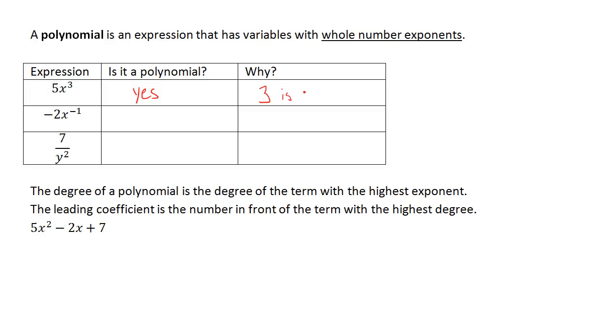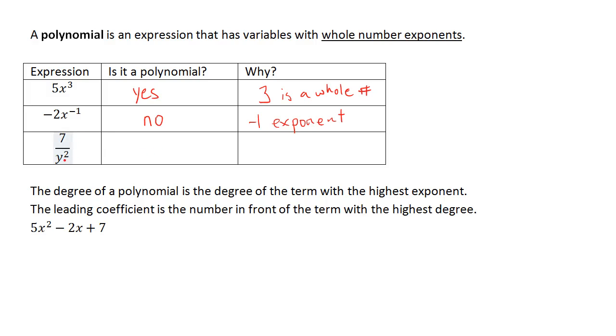So 3 is a whole number. In our second example, we've got negative 2x to the power of negative 1. Is this a polynomial? No, because negative 1 is not a whole number. Negative 1 is an integer, not a whole number. And lastly, we have 7 over y squared.